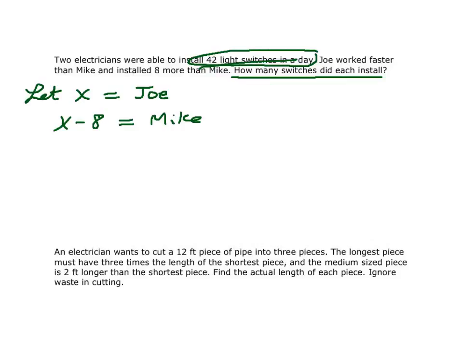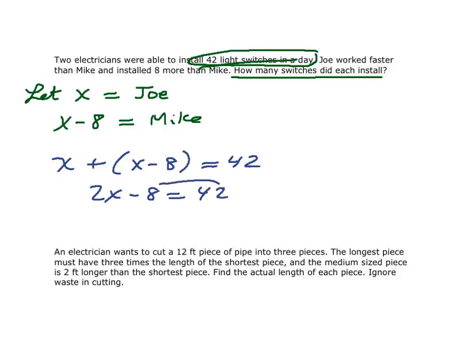So now we're going to make an equation. This is all about making an equation. The number that Joe installed, X, plus the number that Mike installed, X minus 8, equals a grand total of 42. There's really no need for a bracket around Mike's because there's no number in the front of that, so we can gather our like terms: X plus X is 2X, and 2X minus 8 equals 42.